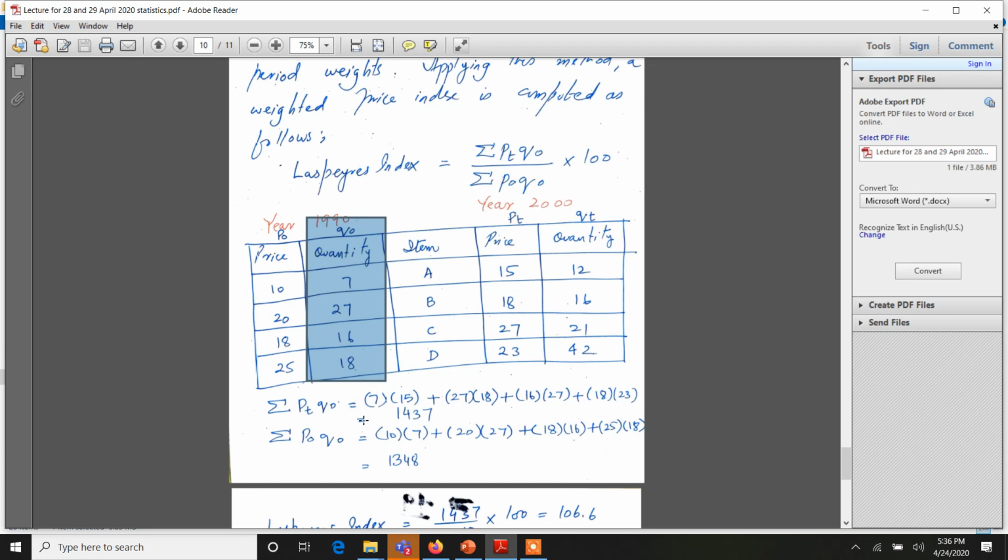Pt Q0 is simply 7 into 15 plus 27 into 18 and so on. Similarly, you can see P0 Q0, which is this column price multiplied by this column quantity Q0. In the base year, we are using the quantity of the base year. The Laspeyres formula is using the quantity and the price of the base year, which means we are giving more weight to the data of the base year. So this is the formula for the Laspeyres index.